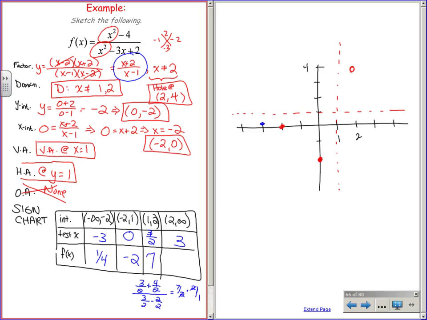Turned out a whole lot nicer than I thought. And then 3 plus 2 is 5, and 5/2 is my last point. I'm going to graph those real quick: 3/2, 1.5, 7, that's way up here somewhere. 3, is that 5/2 or 2.5?